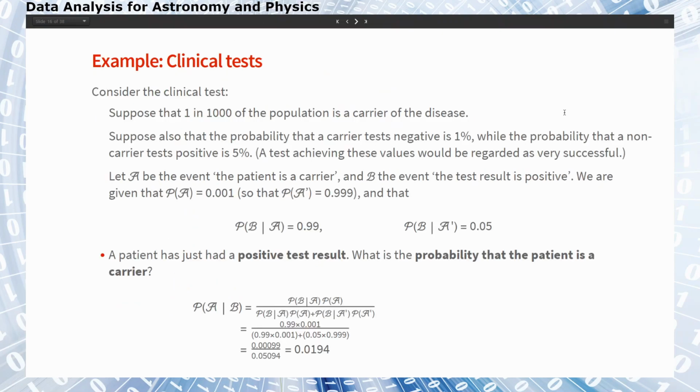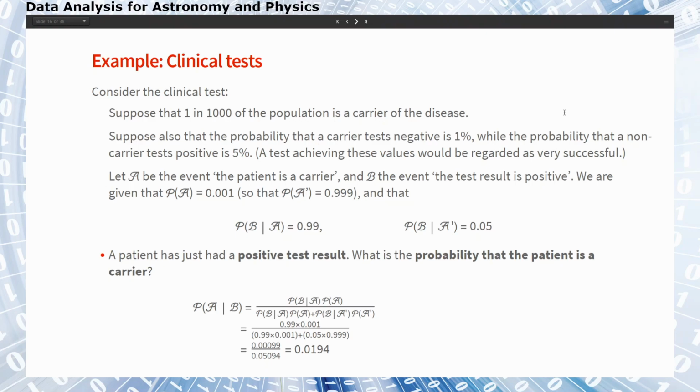Bayesian probabilities sometimes lead to somewhat unexpected conclusions. A very famous one is when we consider a clinical test. Let's say we have a population and 1 out of 1,000 in our population carries a certain disease. We want to test whether a person is carrying the disease, but our tests are not perfect.